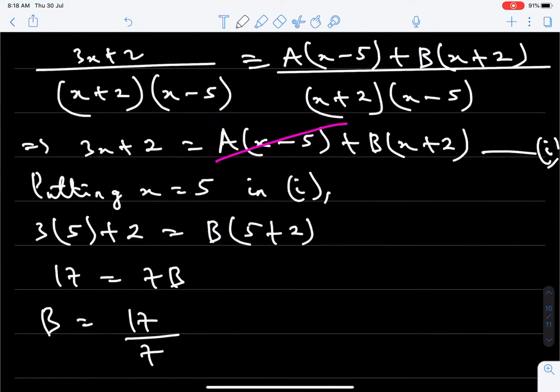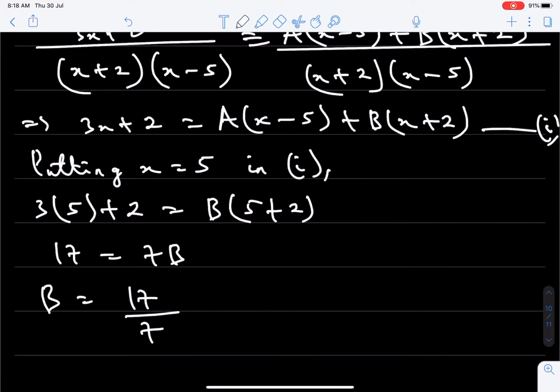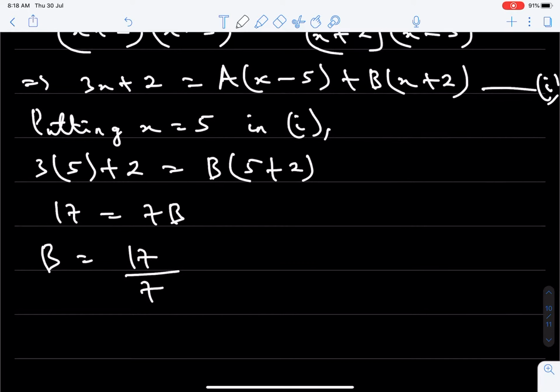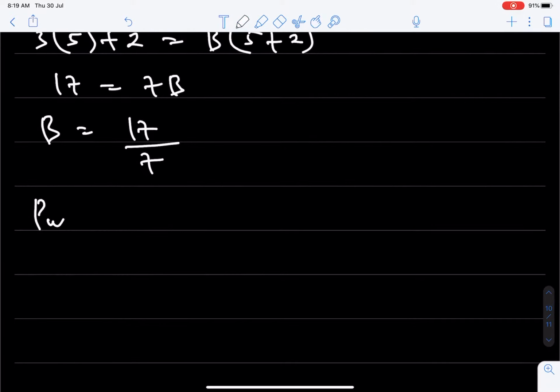Now, what else can I put in equation 1 to get a? I'm thinking of what I can substitute in equation 1 to get a now, and that's minus 2. So putting x equals minus 2 in 1.